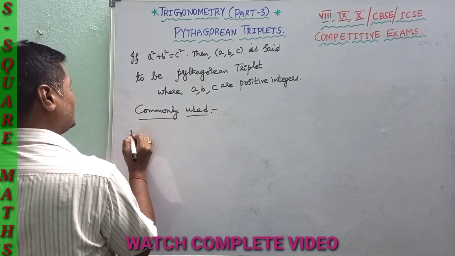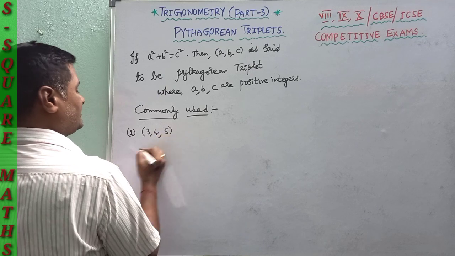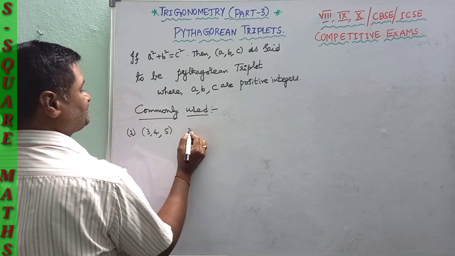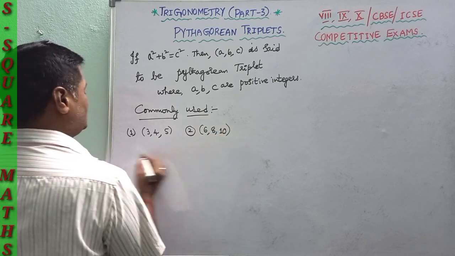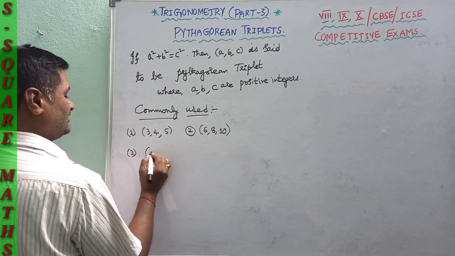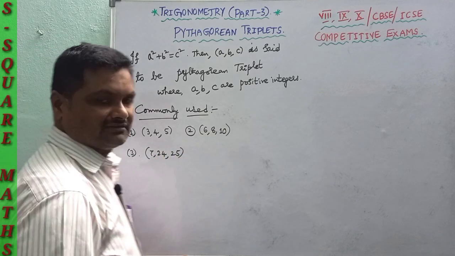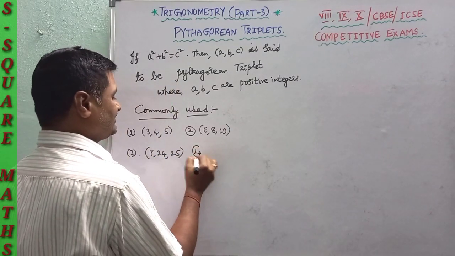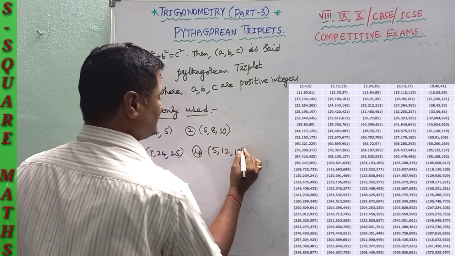The first one is 3, 4, 5. The second one is 6, 8, 10. The third one is 7, 24, 25. The fourth one is 5, 12, 13.